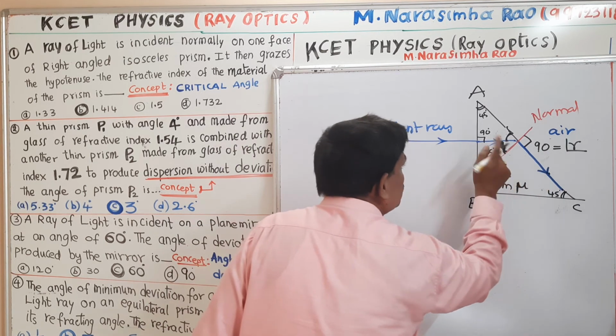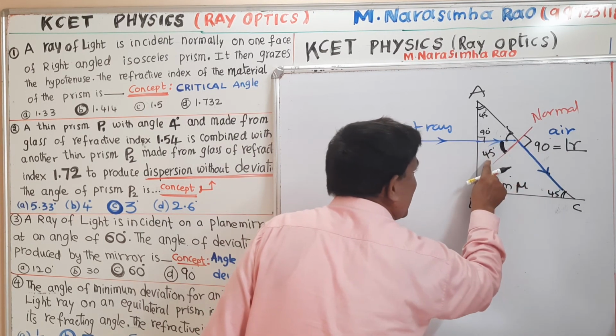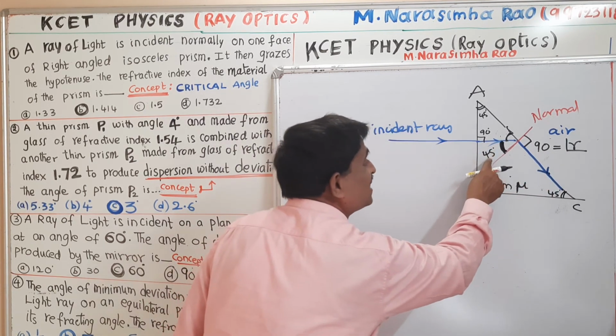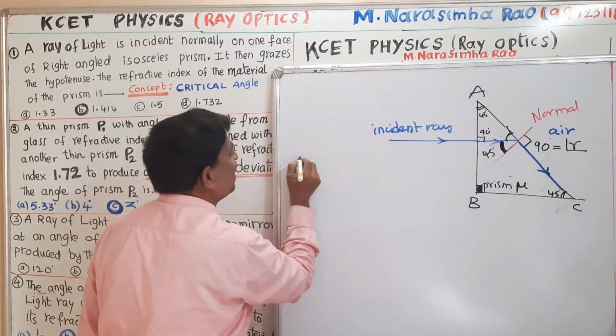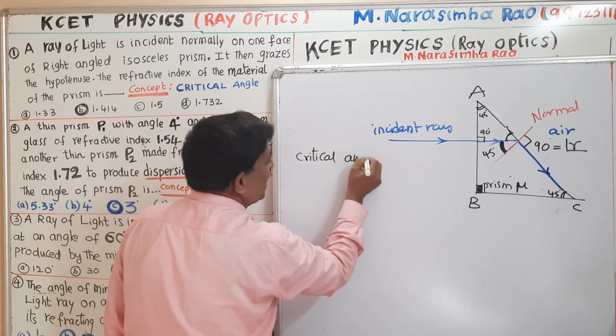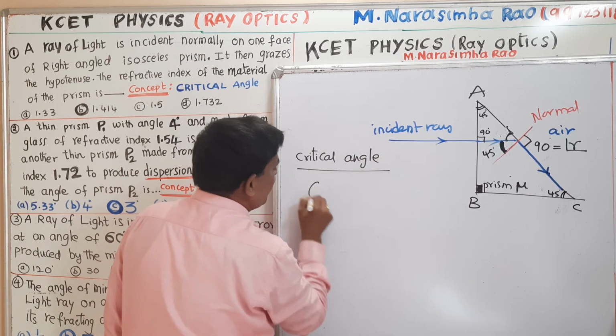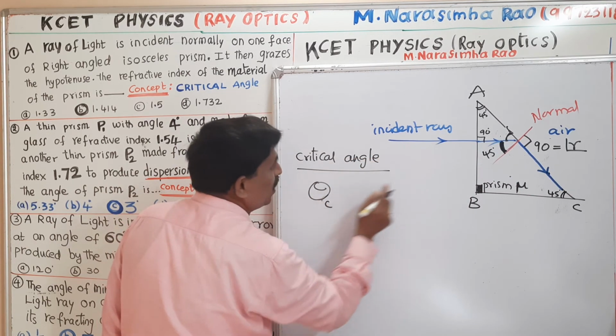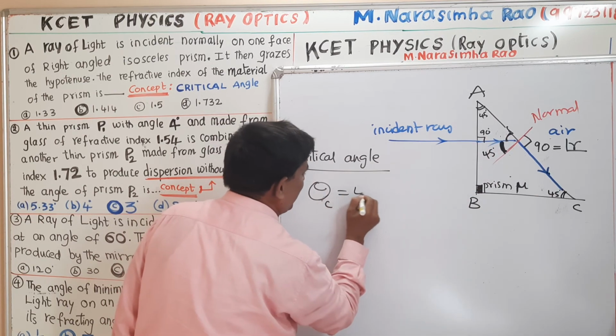This corresponding angle of incidence we are calling the critical angle. Critical angle theta C is equal to 45 degrees.